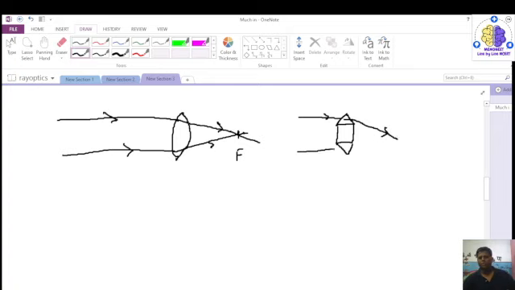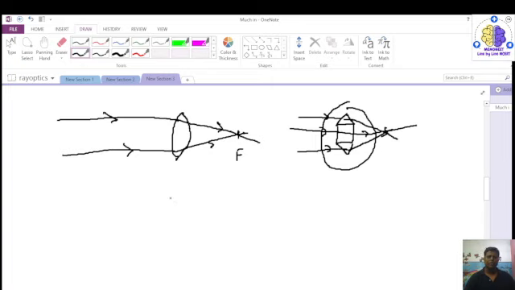Similarly, from this prism also the light ray after refraction will bend towards the base, and a light ray normally incident on the glass slab will travel undeviated, right? So from this diagram it gets clear how a convex lens is a converging lens.